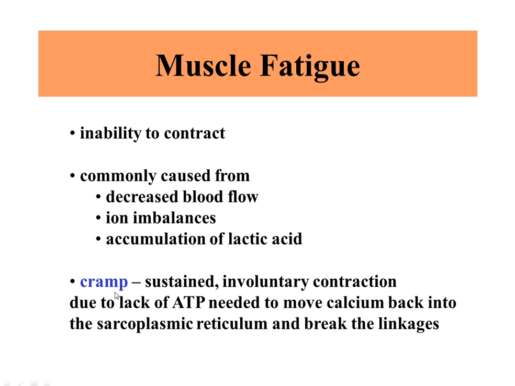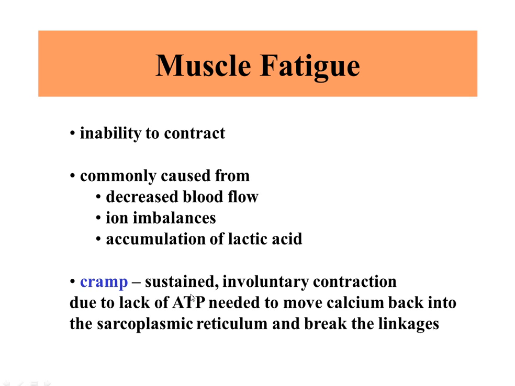And a cramp is a sustained involuntary contraction. It sort of holds tight and doesn't relax. We call it a Charlie horse, especially if you've been walking a lot or running or been standing on your toes for a long period of time. You lay down to rest and all of a sudden you have a Charlie horse.